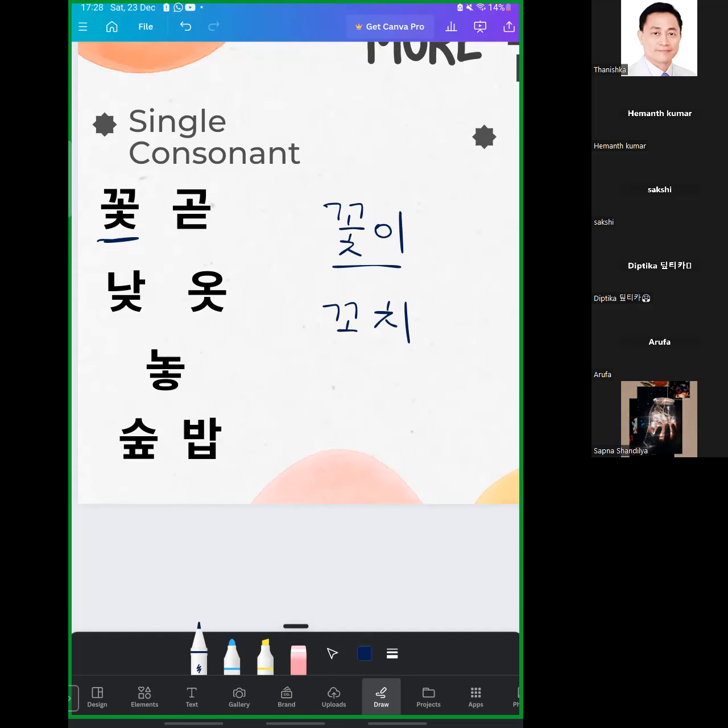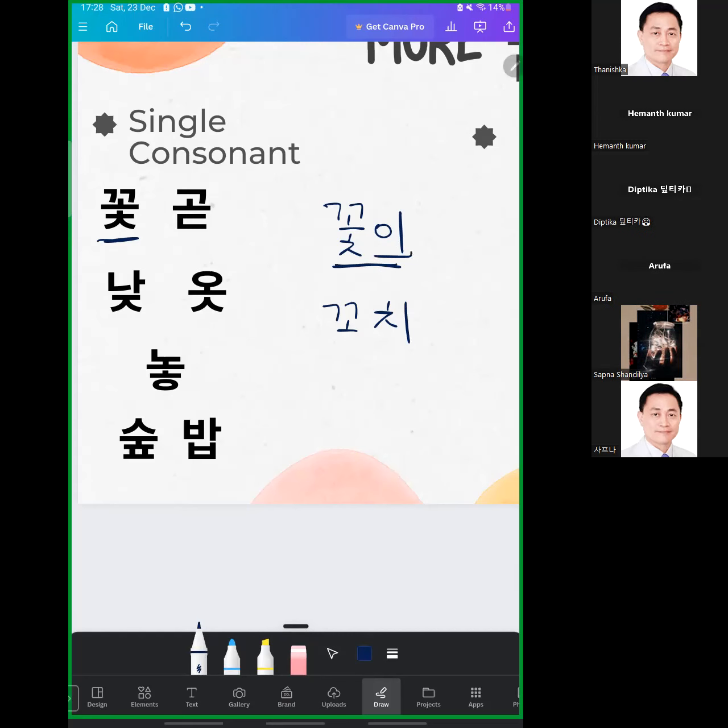That 꽃 means flower. So in this part here, when you're saying kochi, the i is a particle, more like a grammar rule. But for us, what we need to focus on now is the pronunciation. Otherwise, without this it is just pronounced as kot, when you say jangmi kot, rose flower.